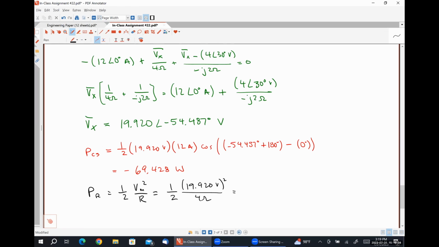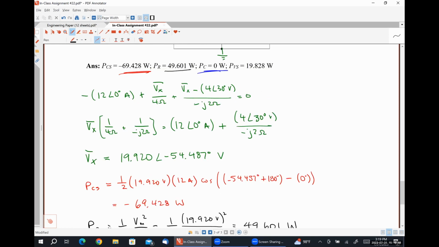So that's going to look like 1/8 times 19.920 squared. Positive 49.601 watts. The capacitor we were able to do by inspection.